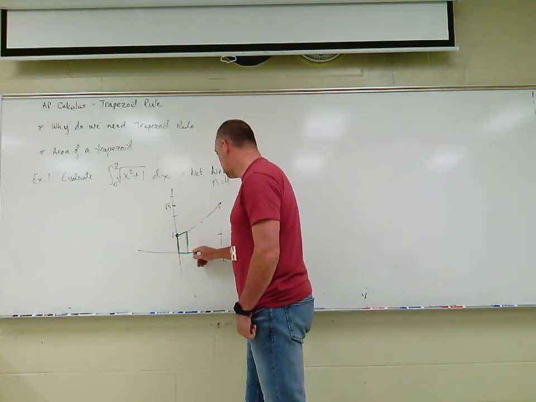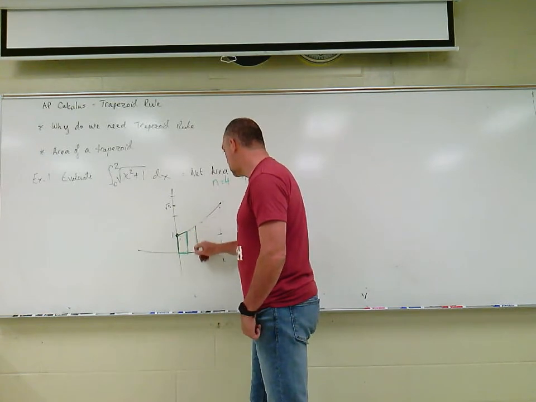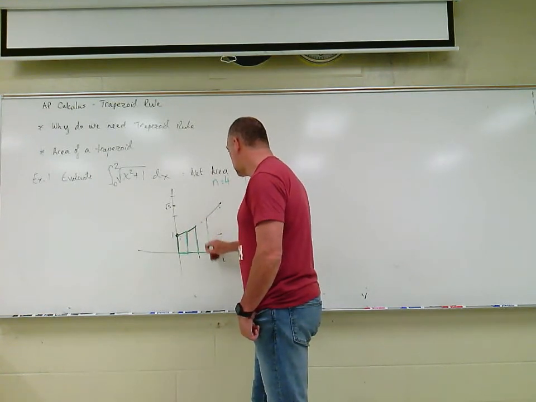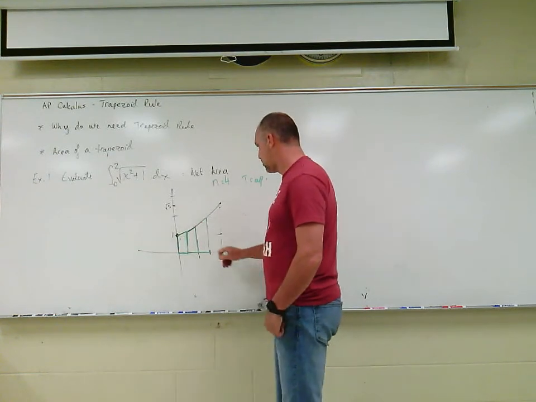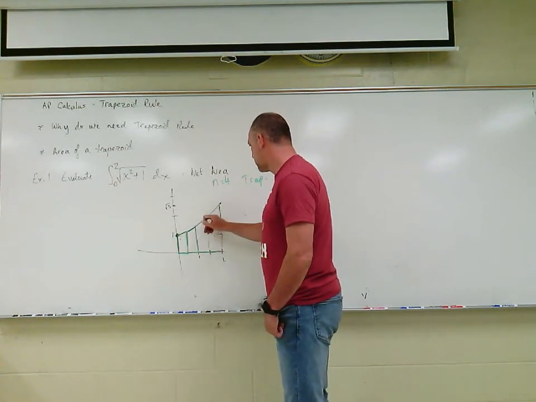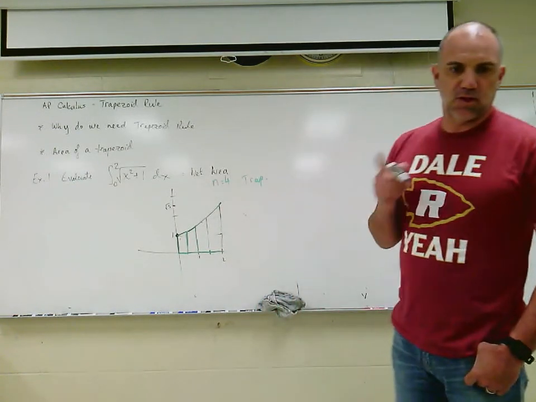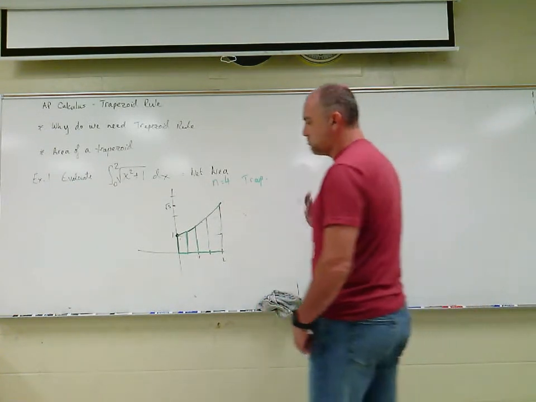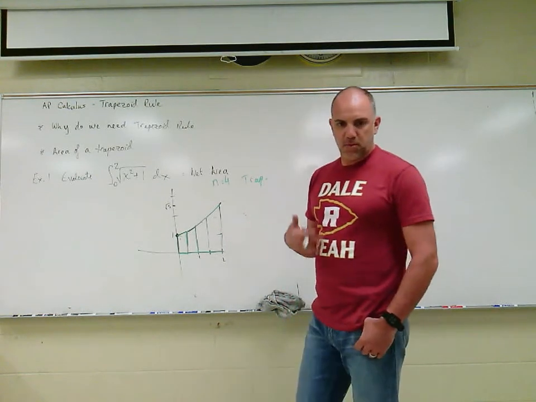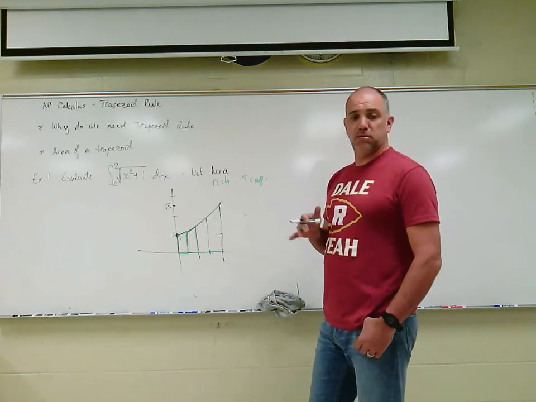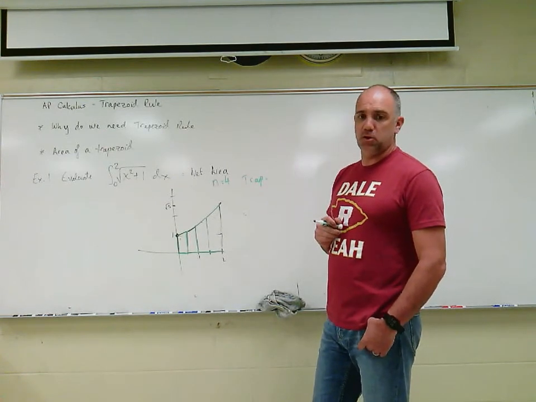Okay, same thing here. Left part touches, right part touches, there's that. Left and right, left and right. So you can see that those 4 trapezoids that I've drawn fit kind of closely to the graph. It's not perfect, but they fit pretty good. So the first question we want to answer: why do we need the trapezoid rule?